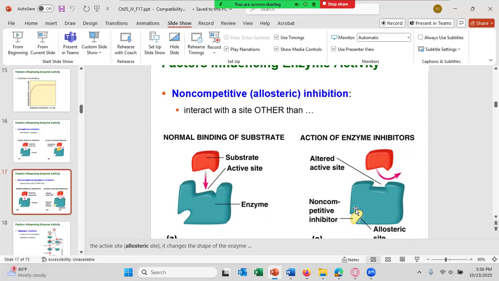That binding of the non-competitive inhibitor or the allosteric inhibitor changes the folding pattern of the enzyme so that now the active site shape has been changed, and now the active site cannot bind to the substrate.